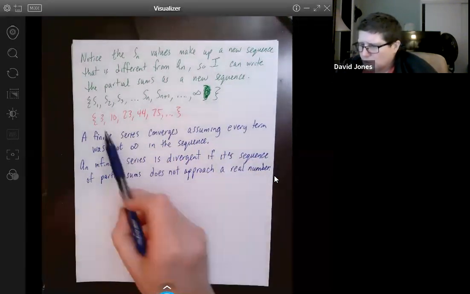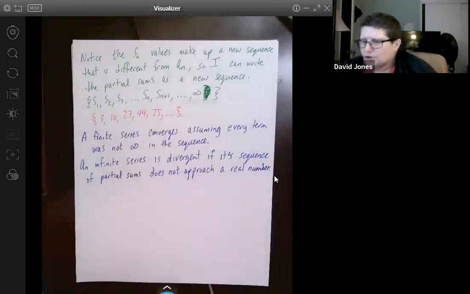For example, this one, we keep adding a larger and larger number to it. This last example was a divergent series.